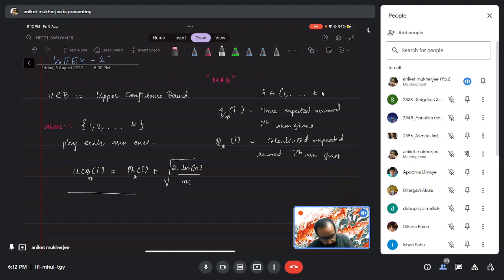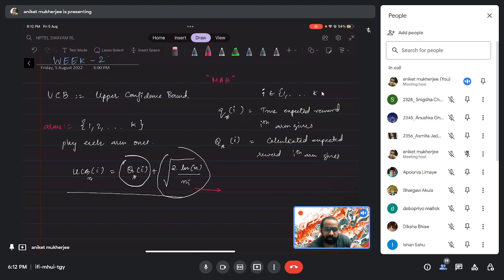Previously in epsilon greedy, you were just estimating this term, and with some probability you explore and with some probability you don't. Now you are also looking at how many times you have sampled the arm. This term is a function which tells you how many times you have sampled it.